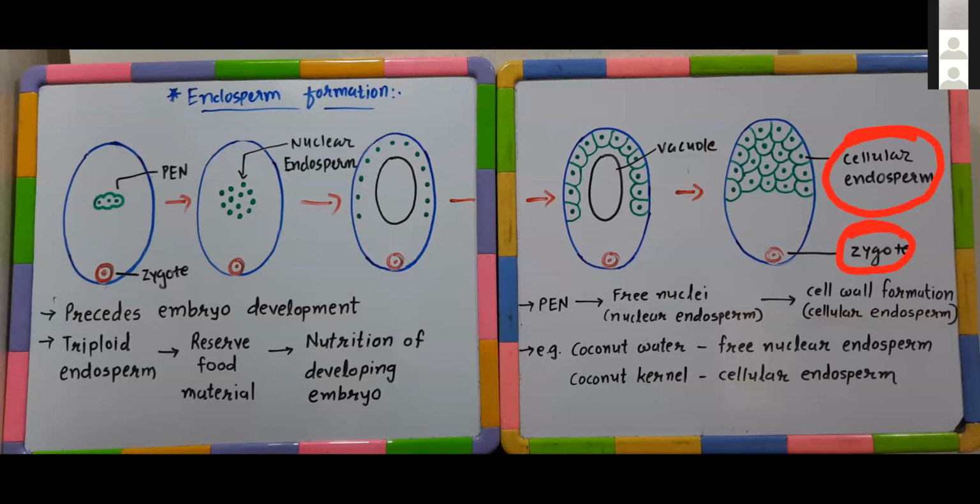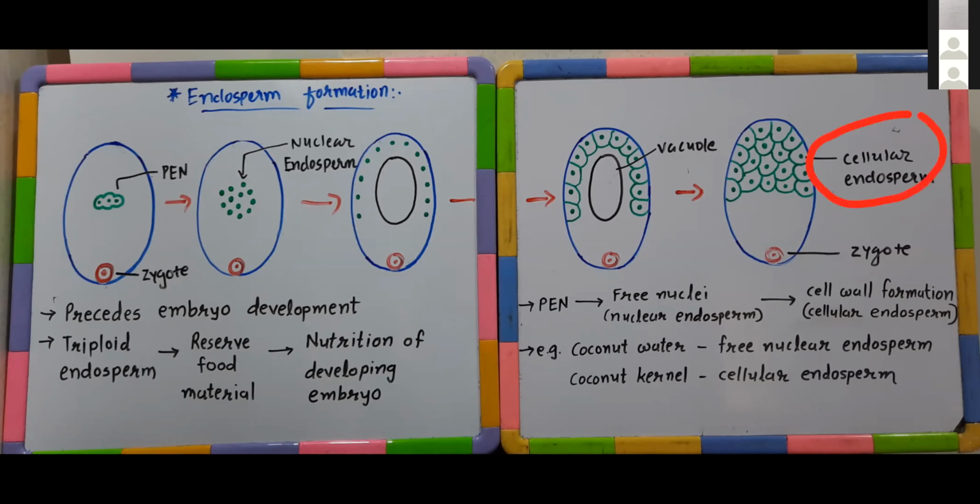It has to be prepared. Logically, it is appropriate that before the embryo is formed, if endosperm is developed, it will be an assurance that nutrition is available for the developing embryo. Developing embryo shall require nutrition.